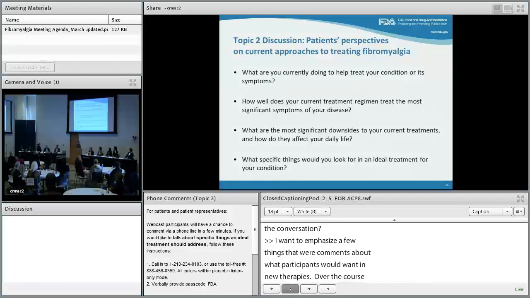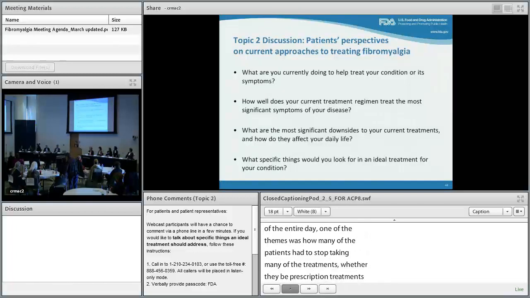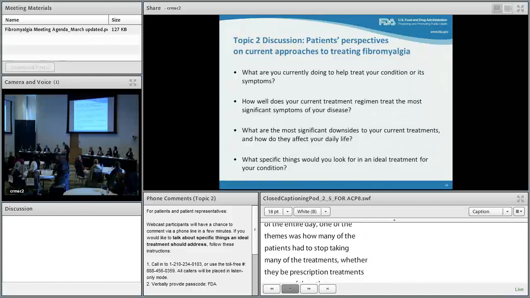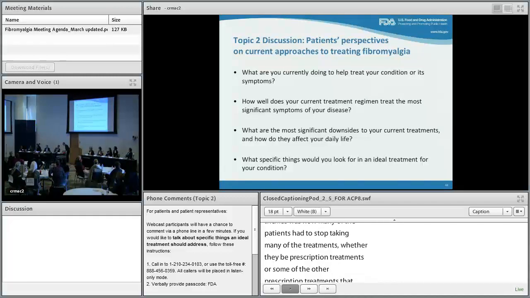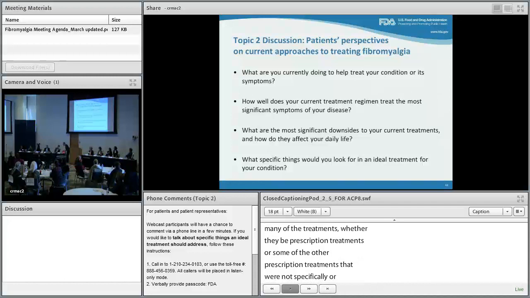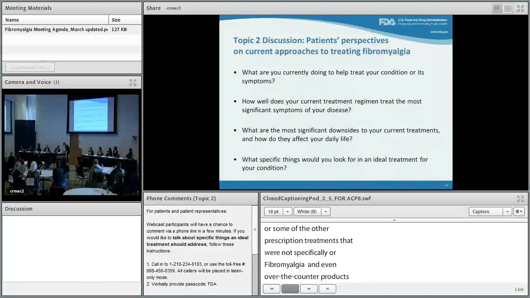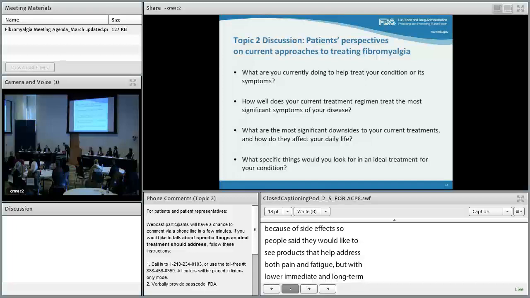Over the course of the entire day, one of the themes was how many of the patients had to stop taking many of the treatments, whether they be the prescription treatments or some of the other prescription treatments that were not specifically for fibromyalgia, and even over-the-counter products because of side effects. So a lot of people said that they would like to see products that help address both pain and fatigue, but with lower immediate and long-term side effects.